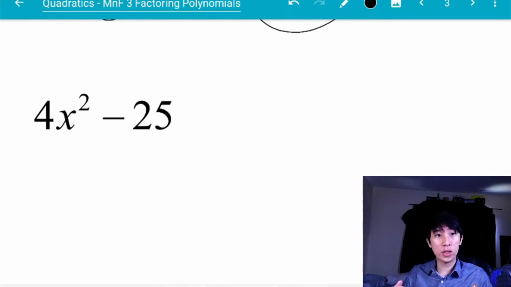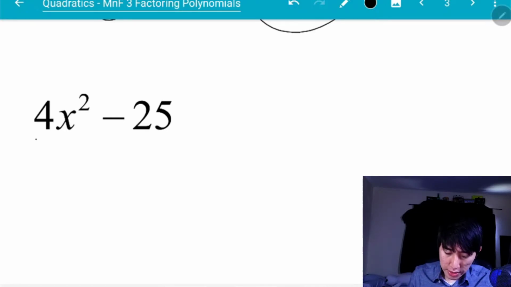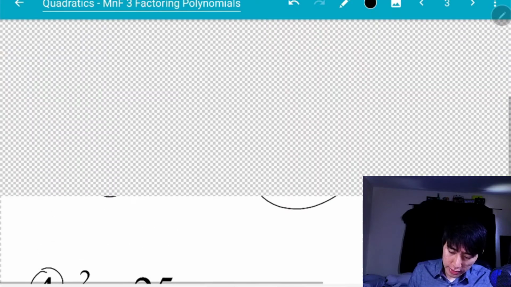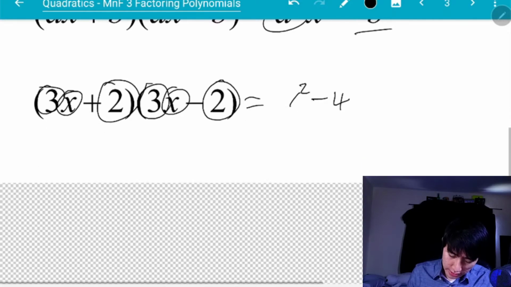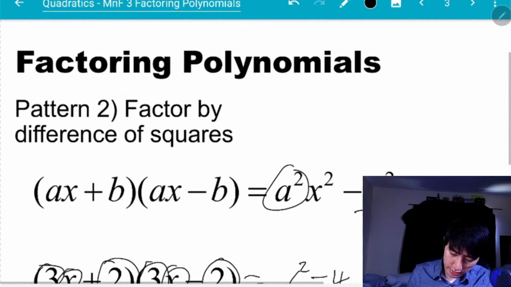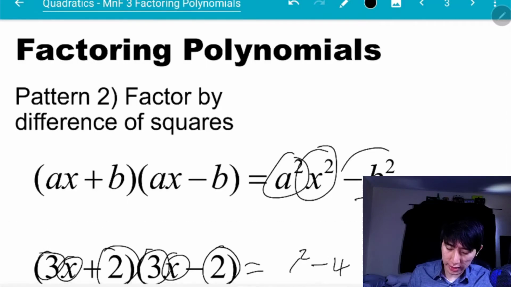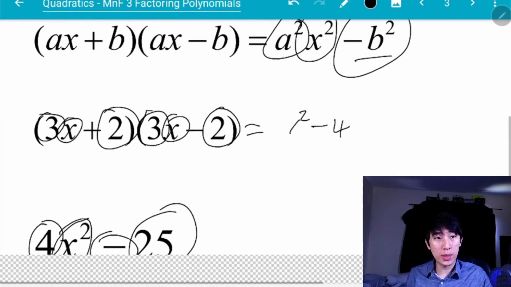All right, now that's how you multiply using the patterns of difference of squares. Now, instead of multiplying here, what we're going to do is factor, we're going to unmultiply. And what we're doing here is we notice, hey, look, I have a squared like this, an x squared like this, and a minus squared like this. So it fits our pattern, so we can just undo it.